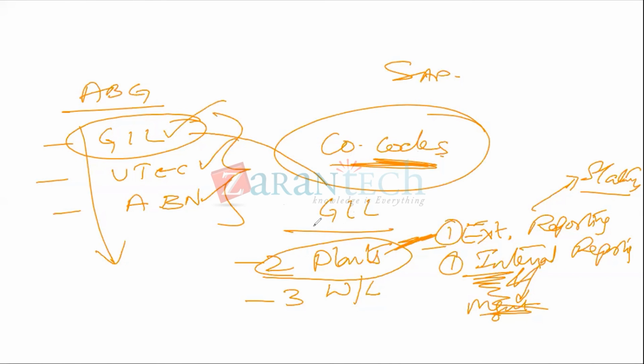But when you look into the definition of a company code in SAP, a unit which is maintaining separate accounts, as well as doing the external reporting, should be treated as a company code. In that scenario, what happens? GIL itself is one company code, and one of the plants also becomes a company code in SAP. Got it?